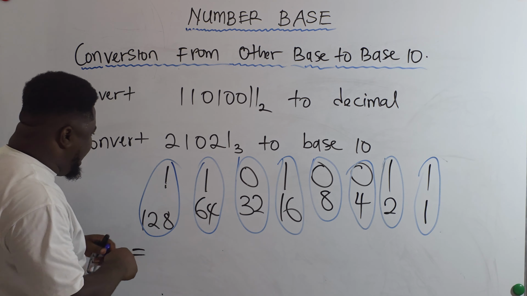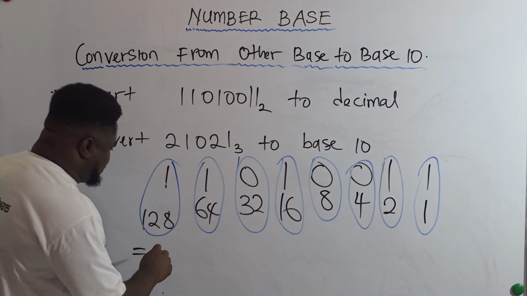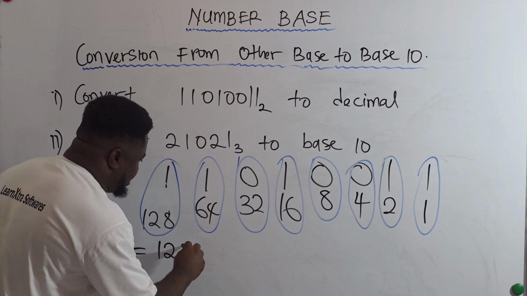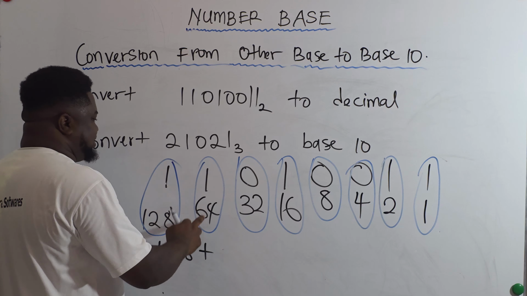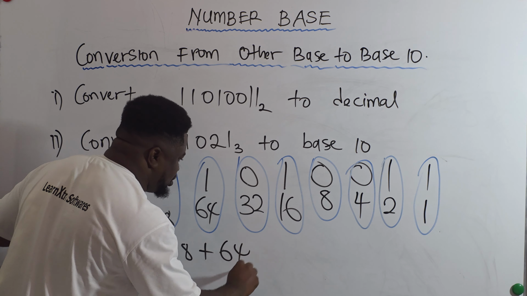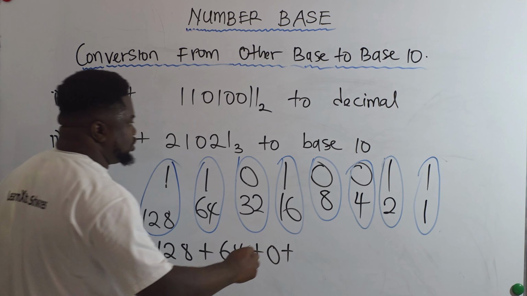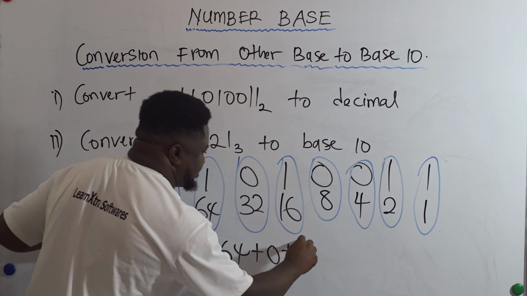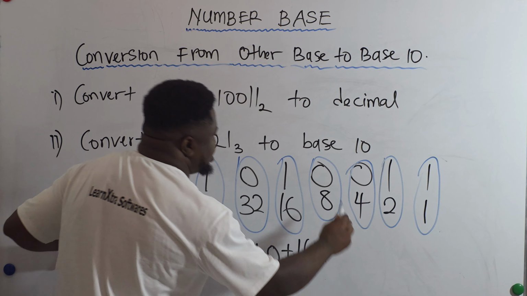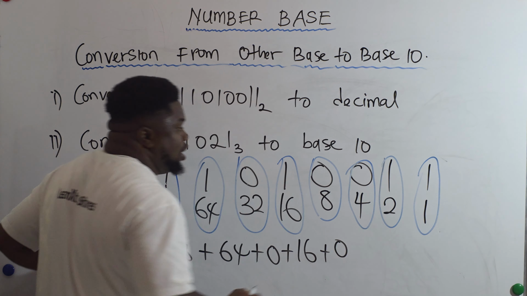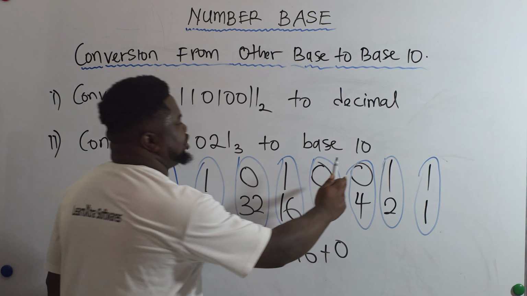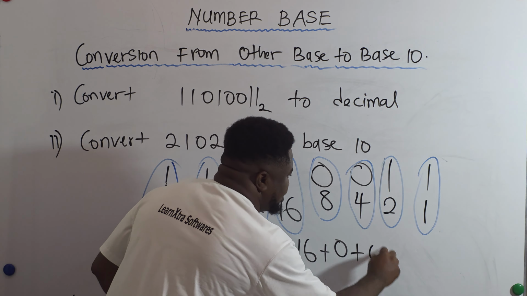So 1 times anything is still what? 1 times this gives the same thing, 128. Plus 1 times this is 64. Plus 0 times this is 0. Plus 1 times this gives us 16. Plus 0 times 8 gives us 0. Plus 0 times 4 gives us 0.